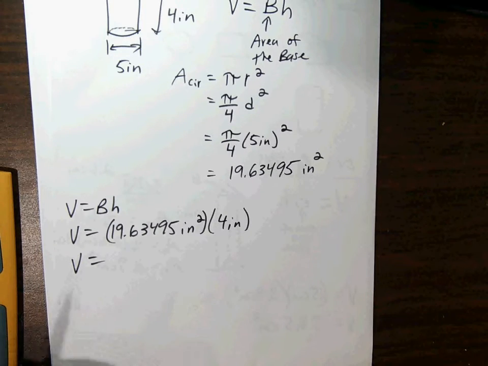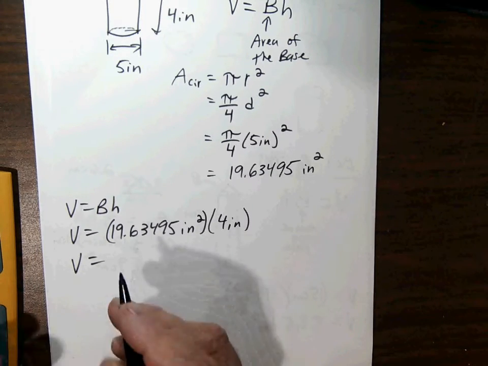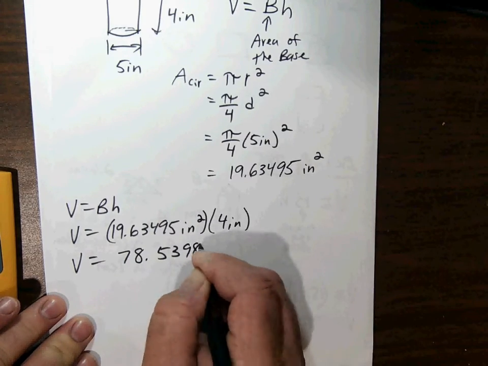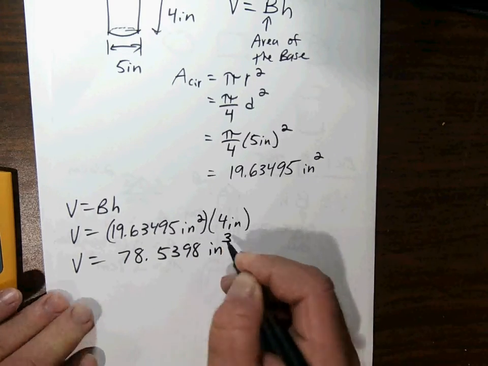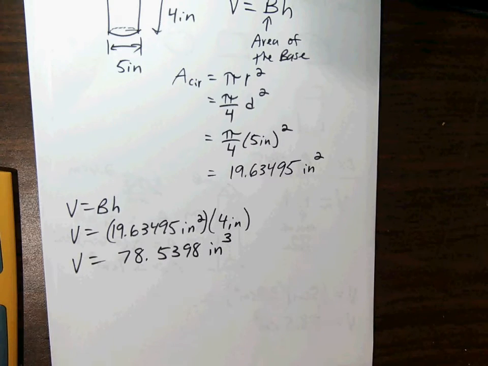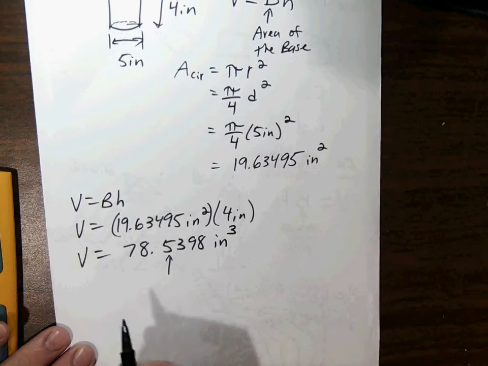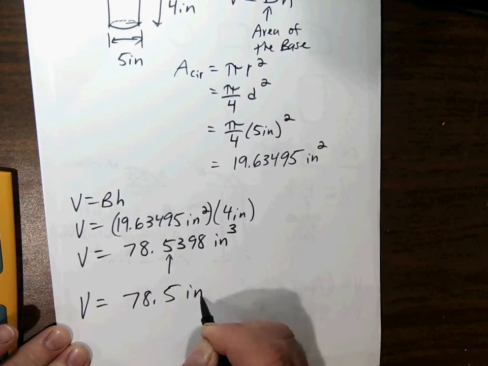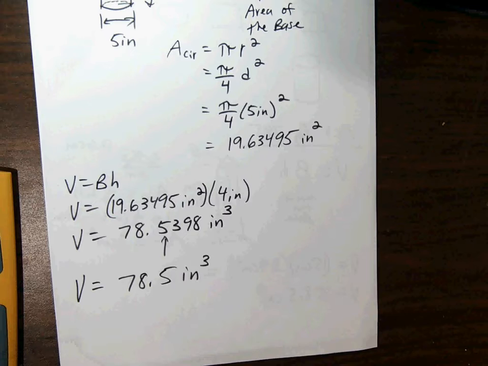So I got to multiply by 4 for my last number, 78.5398 cubic inches, and the example is asking me to round to the nearest tenth, so that's right there. So 78.5 cubic inches. Okay? All good?